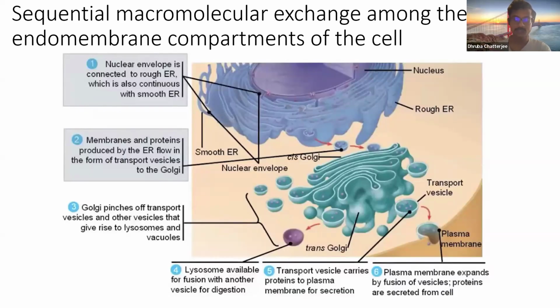It pinches off from the endoplasmic reticulum membrane, and there will be several vesicles which have all kinds of different proteins which are to be delivered to the Golgi, right? So these vesicles fuse together with the Golgi membrane structure.